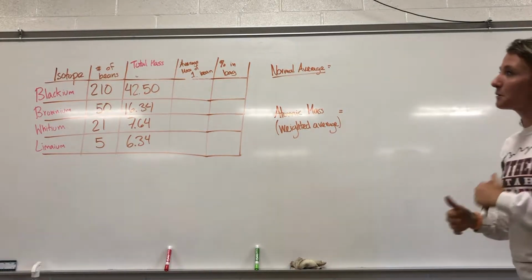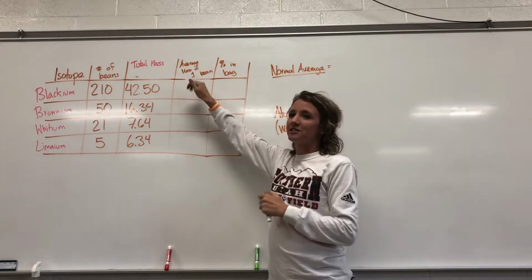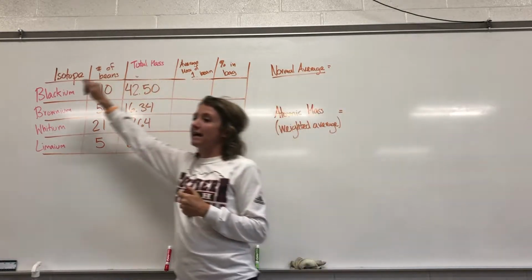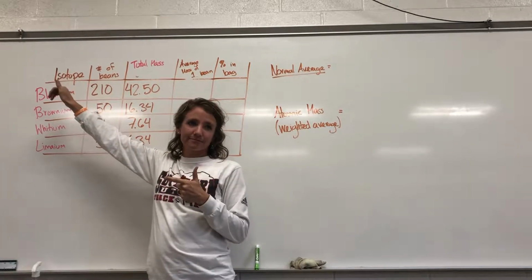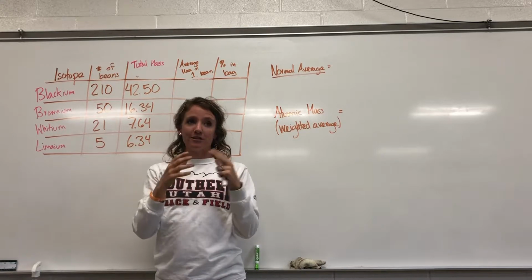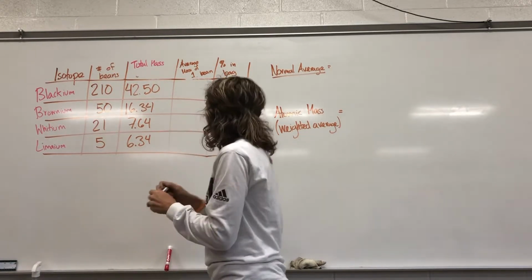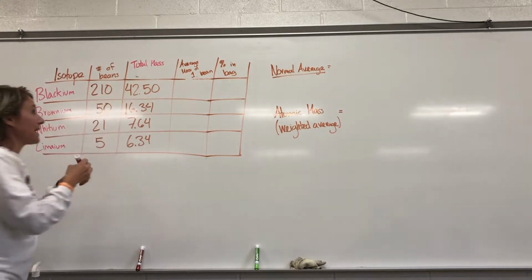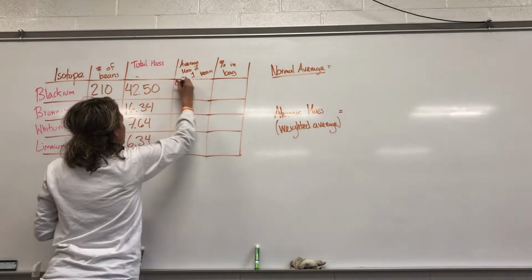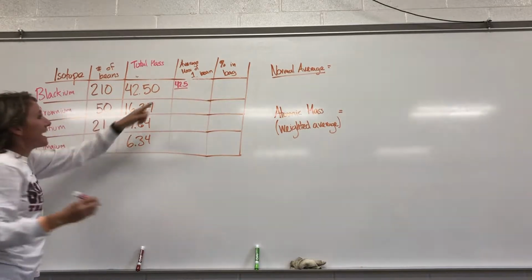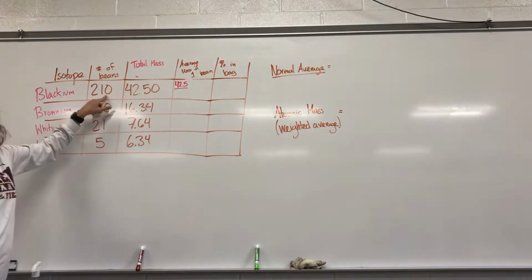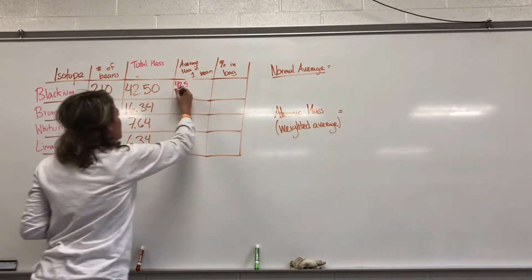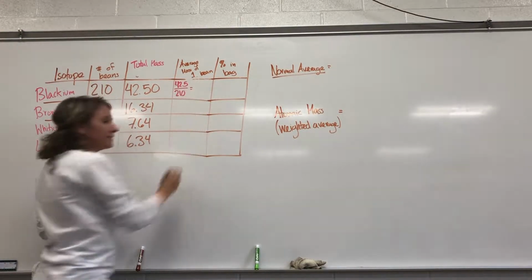Okay? So the first thing we want to know is, on average, how much does one blacium weigh. To find the average of just one, we are going to take the total mass of all the blacium, so for me, 42.5, and divide it by how many blaciums you had. So for me, 210.